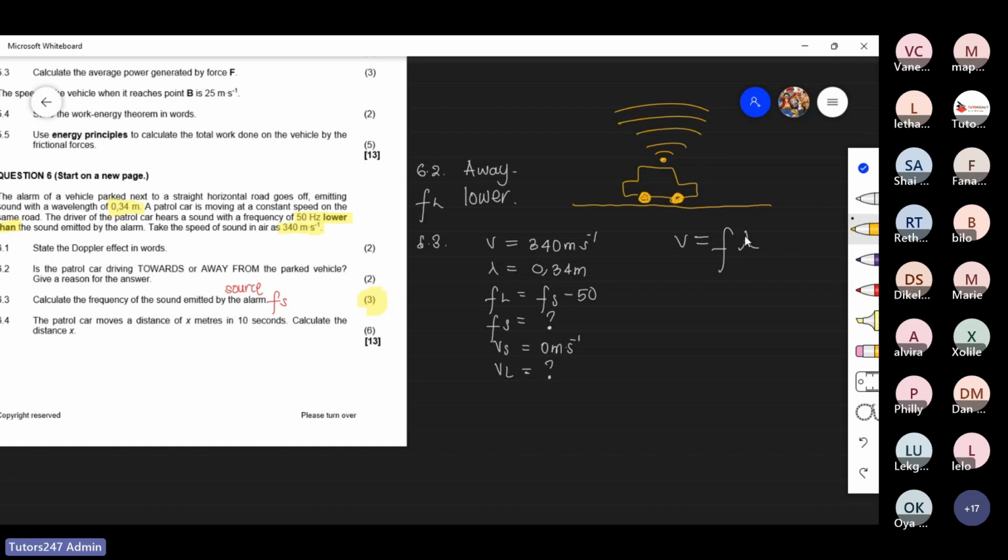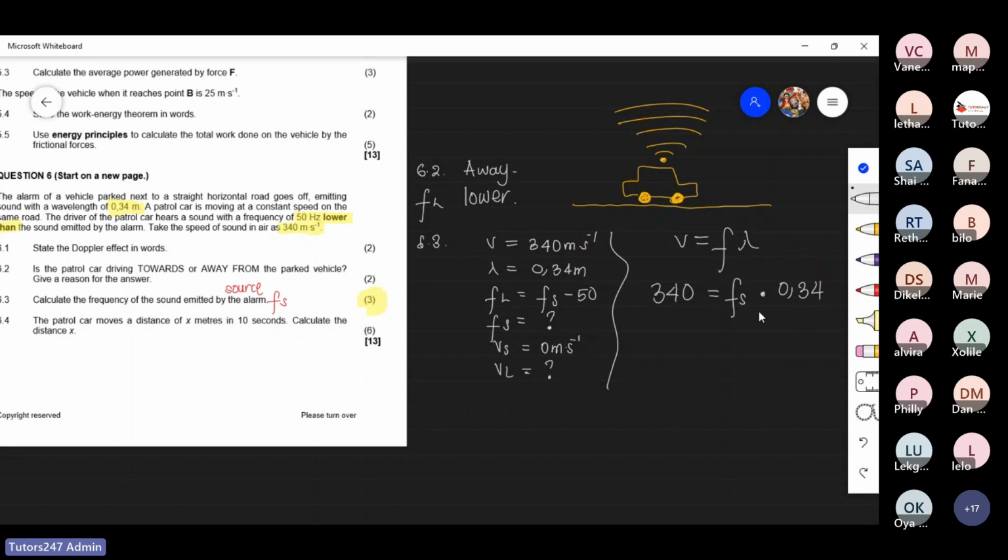That v of the wave refers to the speed of sound in air, because that is the sound being emitted. So in place of v, we'll substitute 340. In place of f, I'm just going to put fs, times my wavelength, which is 0.34 meters.